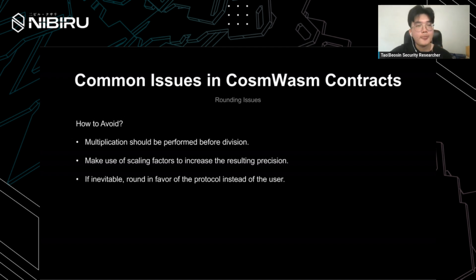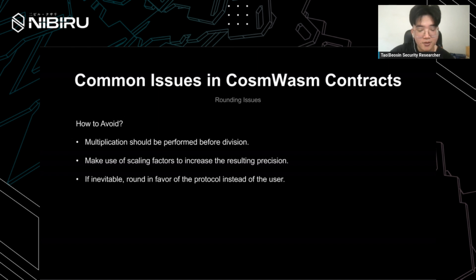You can multiply by 100 or even 10,000 before the division, and then you can get a more precise result.